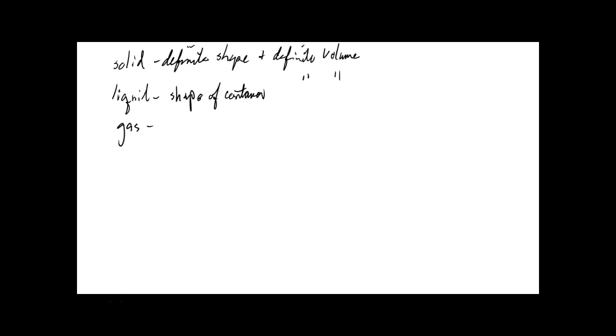Now you add more and more energy, they get more active, and now some of them fly out. They lose that definite volume. They now take up the whole volume of the container. So a gas is a substance that takes the shape of a container, just like the liquid, but has the same volume as the container.